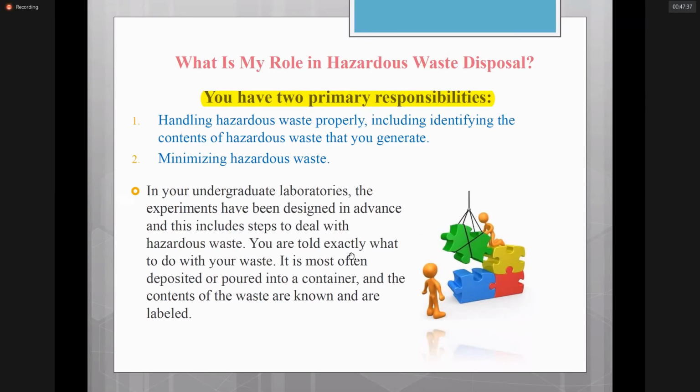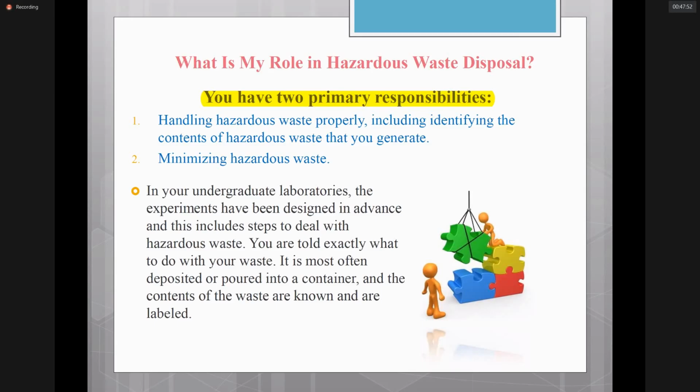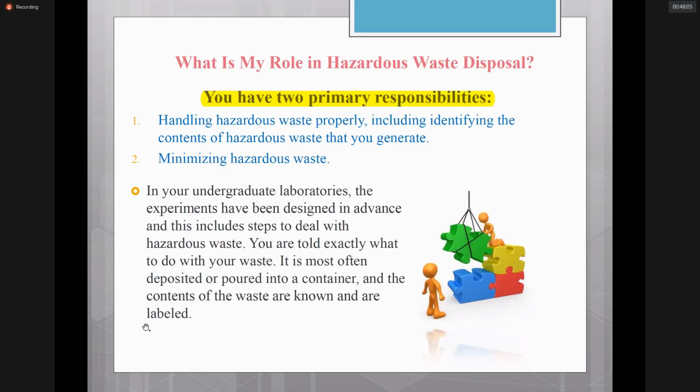It's most often poured into a container, and the contents of the waste are known and labeled. فما في حال تخلص من الهازردس waste لازم توضع في الكونتينر السبيسيفيك الخاص فيها سواء كانت glassware أو liquid أو solid. Second, you have to label the waste with its content.